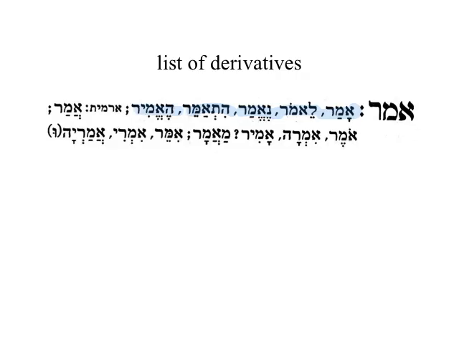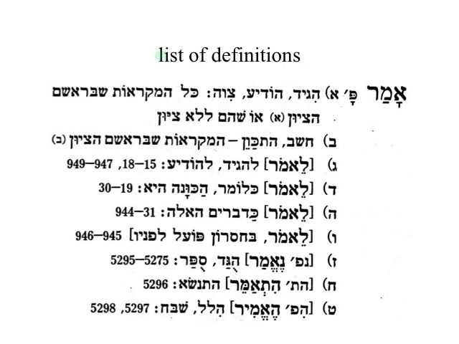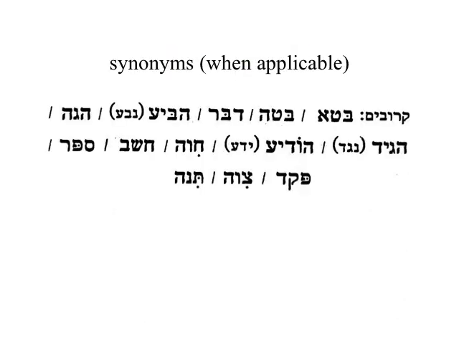Next comes the list of definitions, and again, these are given in modern Hebrew, so many times it's worth just looking through for the person that only knows biblical Hebrew and seeing what glosses are also similar to glosses that we know from biblical Hebrew.